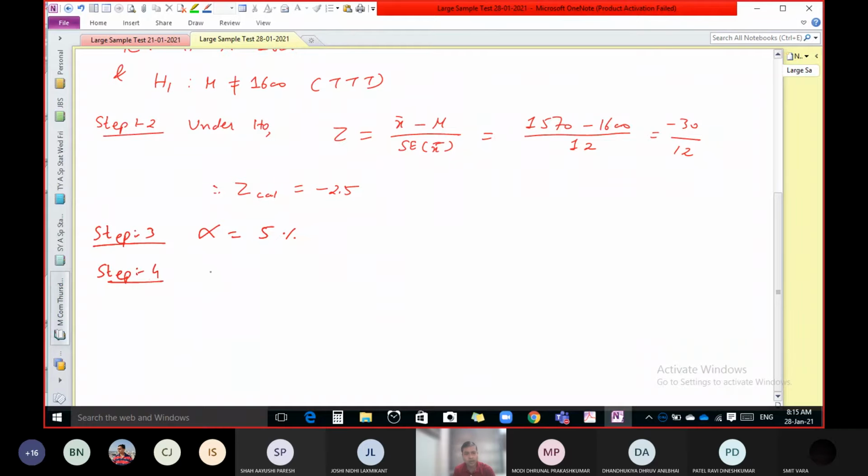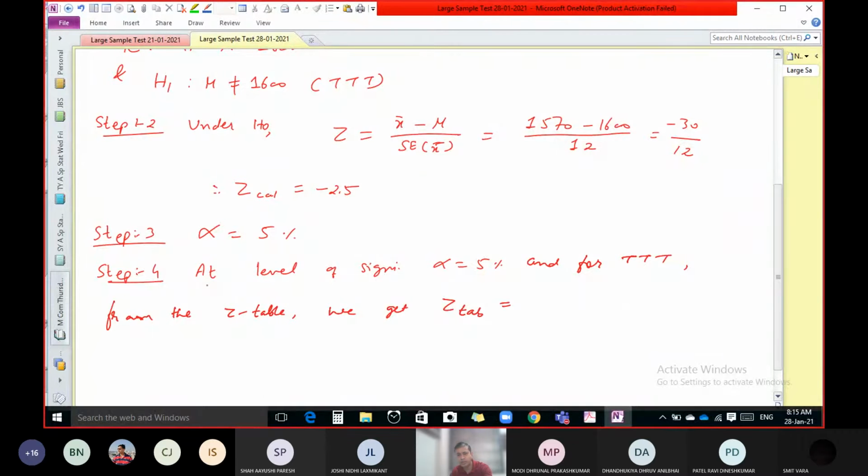Step 4. In step 4 we have to write the value of Z tab. So you have to write like this: at level of significance alpha equal to 5%, and for a two-tail test, from the Z table, we get Z tab equal to... any of you know the value?